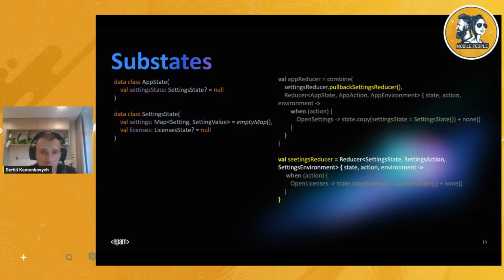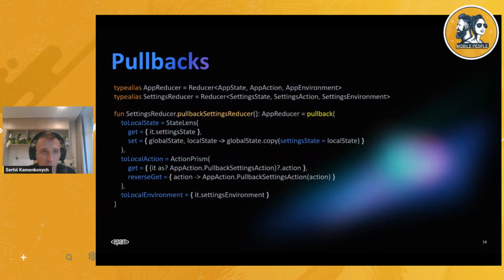Let's look closer on it. So pullback itself is a special form of reducer function which automatically maps states, actions, and environment between parent or global in this case and local components. So global is our app thing, and local is the setting thing in this case.